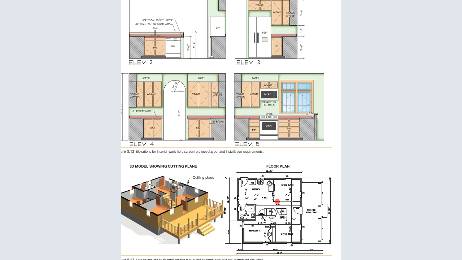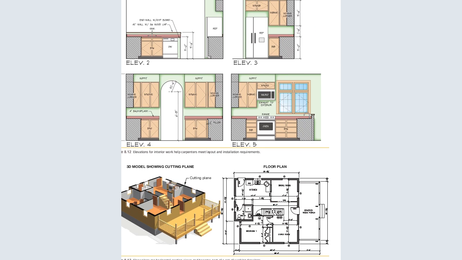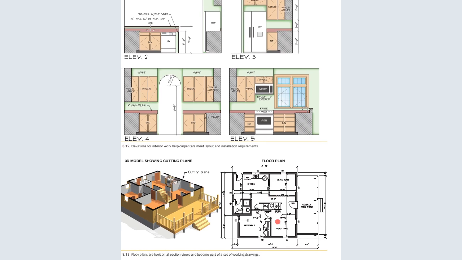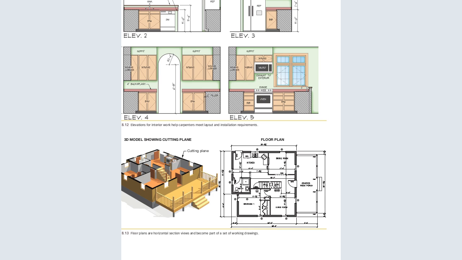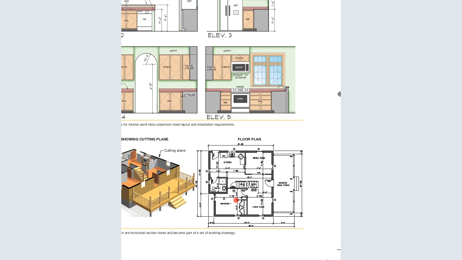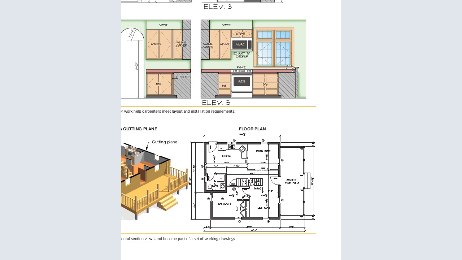You can now see 3D modeling, showing the cutting plane, and now we have the floor plan. This is normally what we use. We're given a floor plan like this, which is a 2D, this is a 3D, and this is a 2D. And then you are given the bedroom, you are given everything. So this is normally what comes from the architect. Once it comes from the architect, you're supposed to put in the lighting points and the wiring.